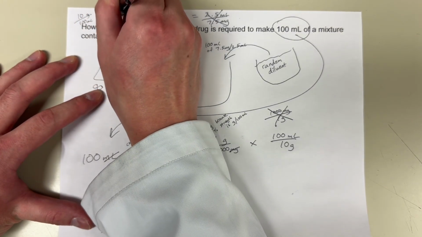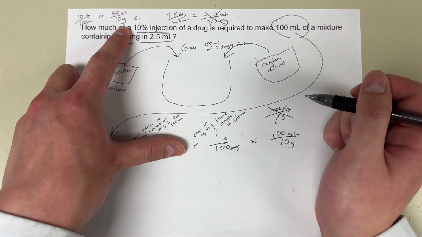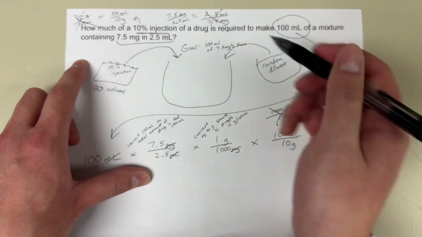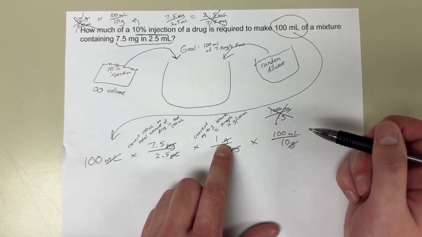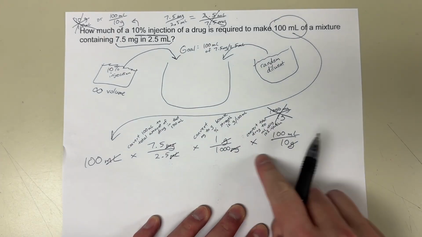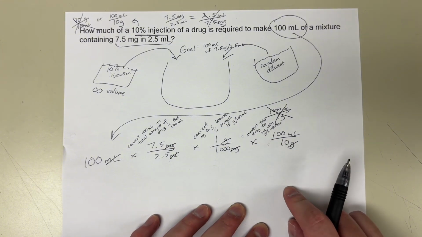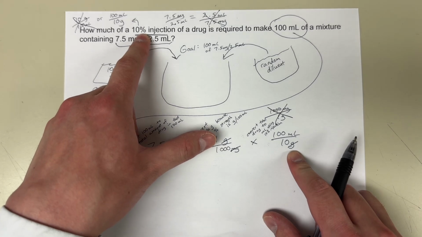Or I could have also used 100 milliliters over 10 grams. So these two mean the same thing. The reason why I know to use this one and not this one is because I want the grams here in the denominator to cancel out the grams here. In this part of my calculation, I'm converting the total amount of drug using the 10% injection, so that's 100 milliliters per 10 grams.